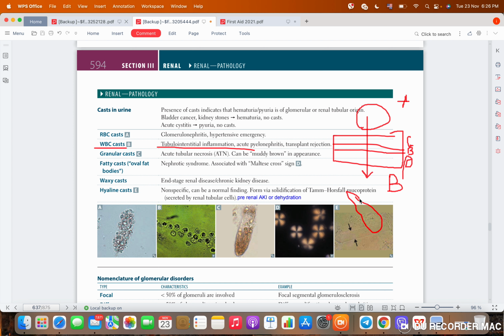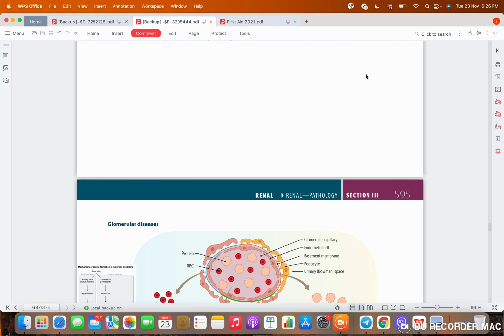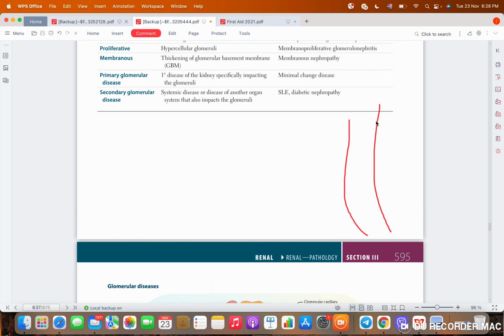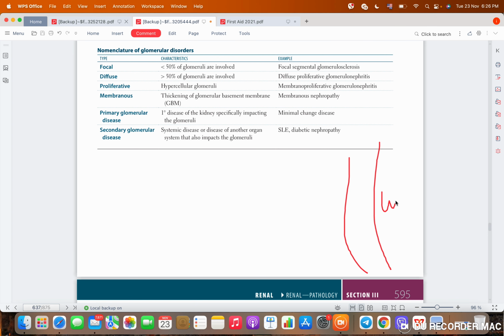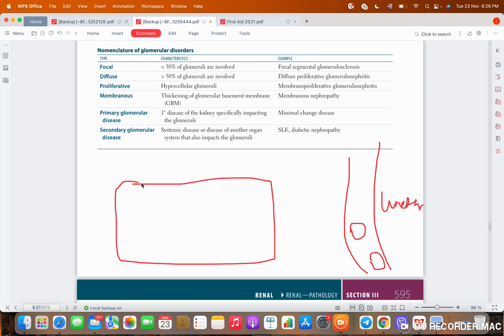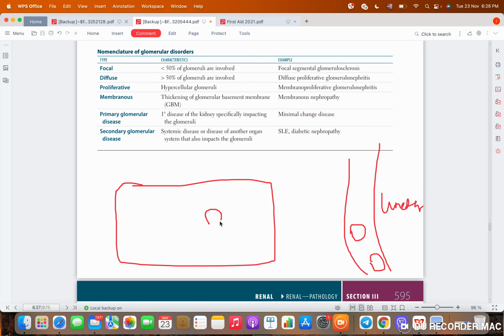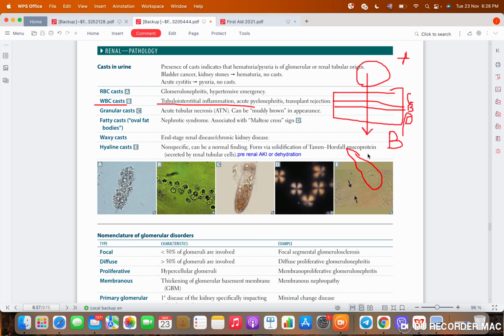We call it dysmorphic. While if the bleeding was from the lower urinary tract, let's say it's because of a stone inside of the ureter, it's not getting squeezed. The red blood cells will be intact. So if you look at the urine picture under microscopy and you see intact RBCs with no casts, you are highly suspecting this or this.